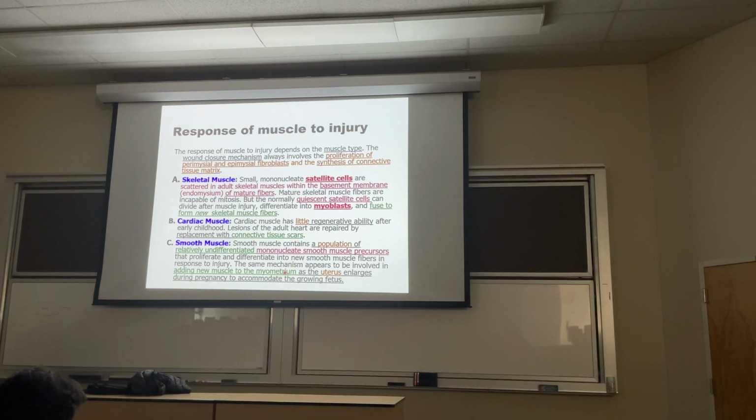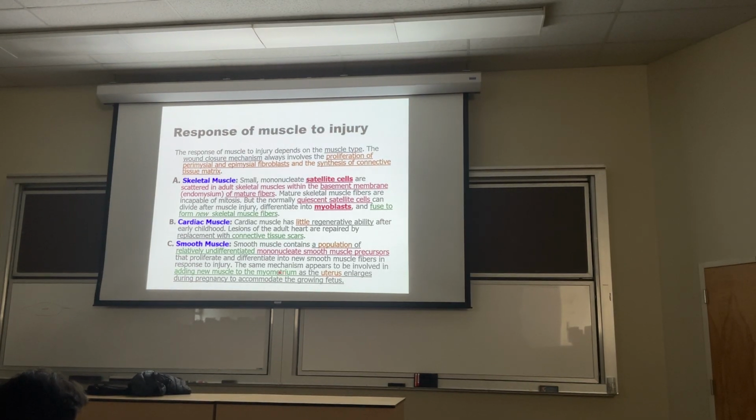It can multiply, and in fact, it does multiply in the uterus. The smooth muscle lining of the uterus is the myometrium, and that gets bigger in pregnancy.